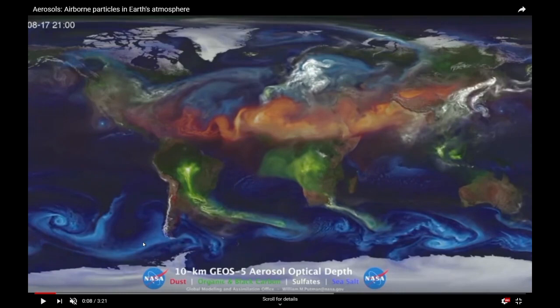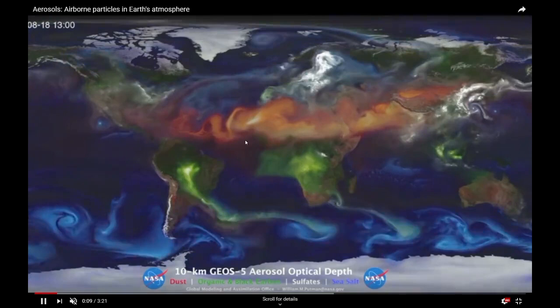So these are from forest fires and biomass burning. What about the red, the orange? Okay, so they're dust. And the white? So anthropogenic. So in this simulation they're saying that they're sulfates predominantly.